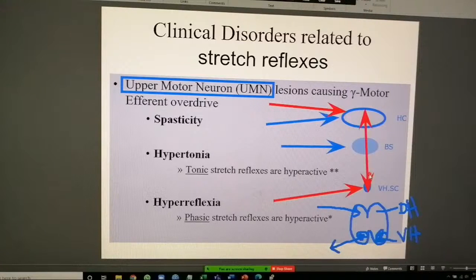Lesions. In animal models, of course, they make the lesion to find out what the deficit is, right?